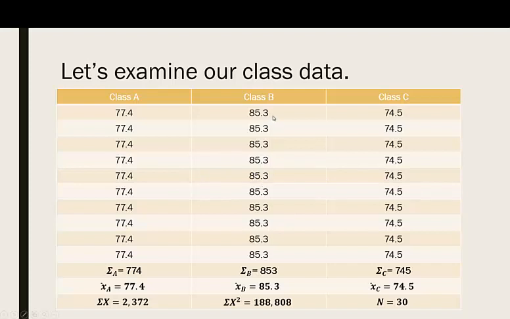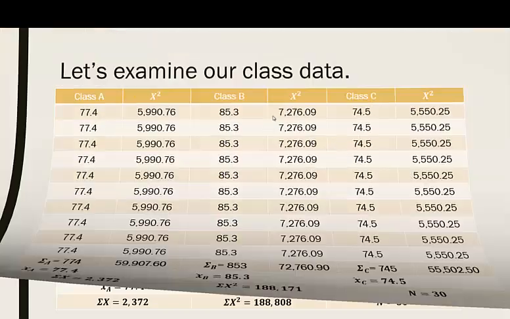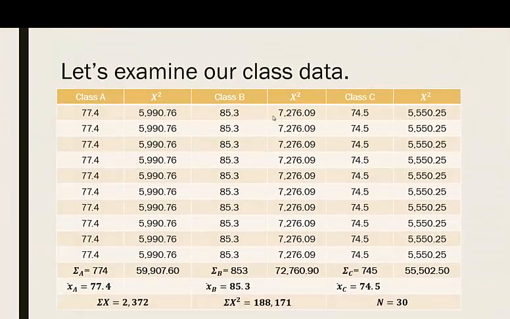And that should make sense to you, because if the scores are all the same, then there's nothing that's going to be different. Okay? And so when we go to our next slide, it's going to change slightly our sum of x squared. So we follow the same procedure.